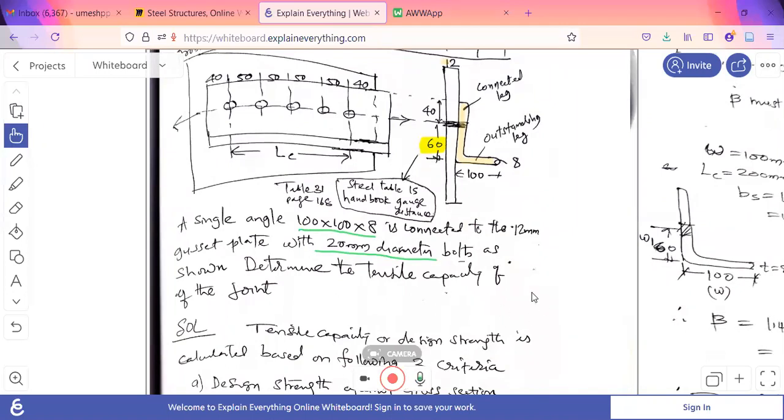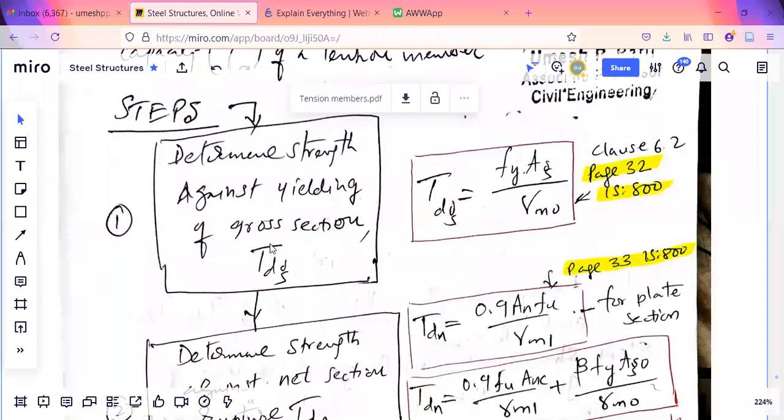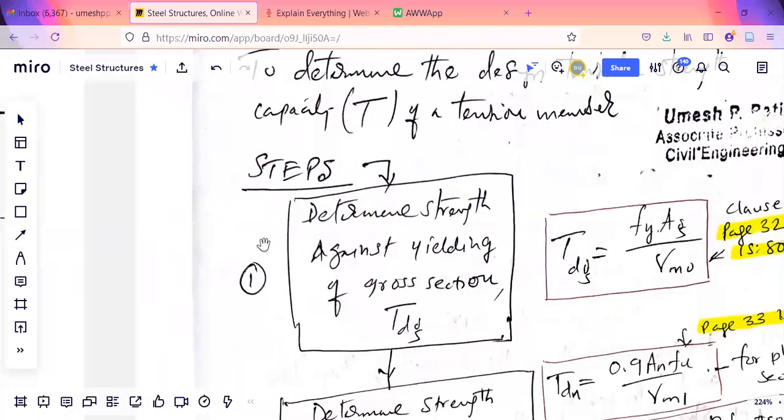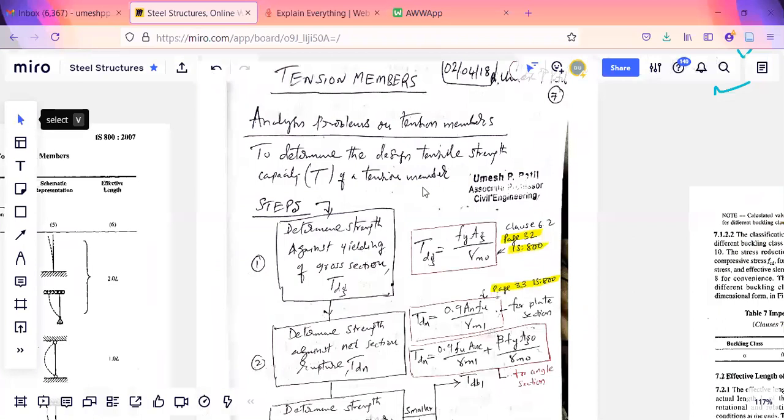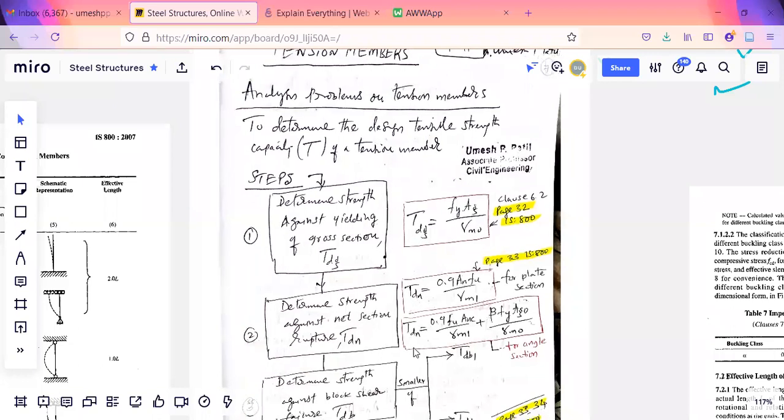For 12 marks, what I am supposed to do, observe here. As I told you in the previous class, you have to find out TDG. See this one again, I have opened it. Steps are there here. In such cases, find out TDG, TDN. You can see TDN. There are two expressions in the code book.